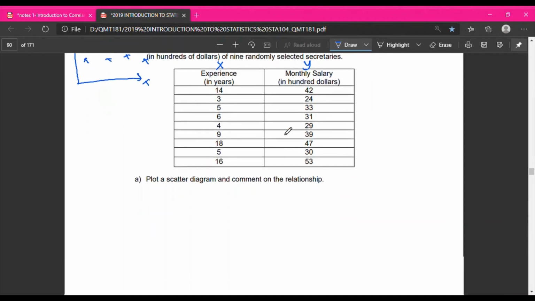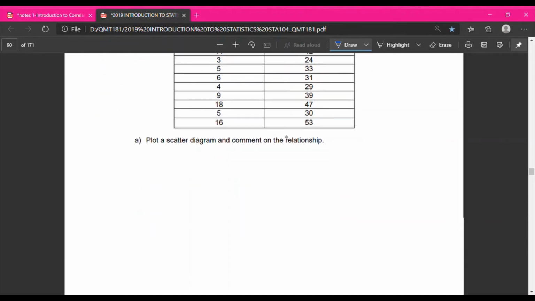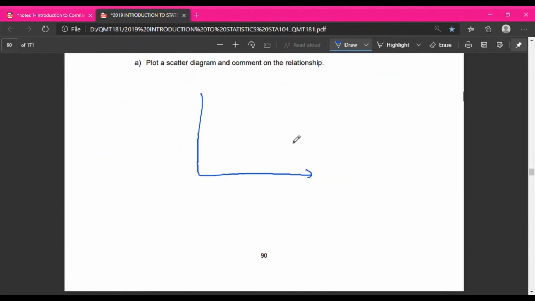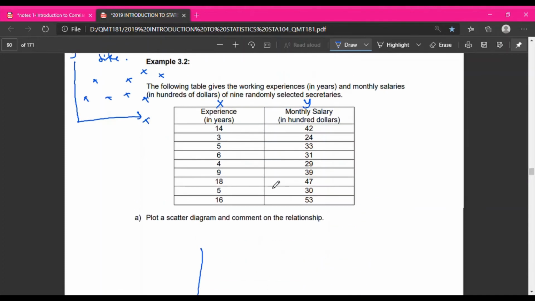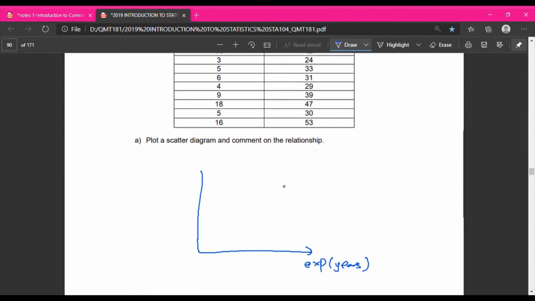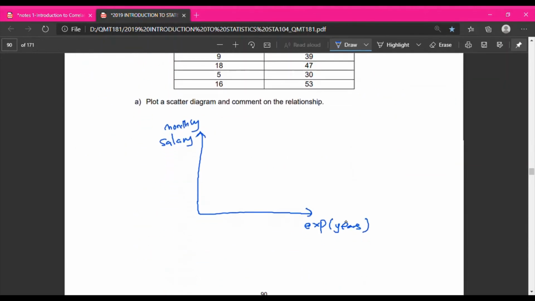Bila you nak lukis scatter diagram, wajib gunakan graph paper. Okay, your x tadi adalah experience. So you need to label the x-axis experience in years. And labelkan your y-axis sebagai monthly salary in $100.